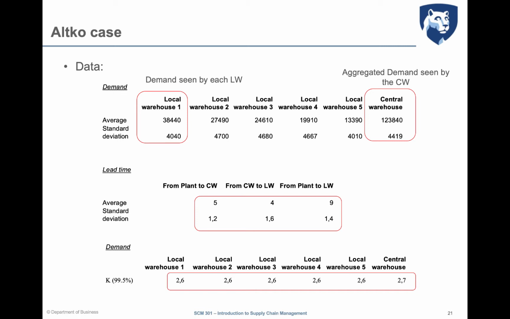Now, of course, the idea here is that you need to calculate the value of the safety stock, which means that you have to first calculate the safety stock. It's not difficult, you just have to apply the formula.